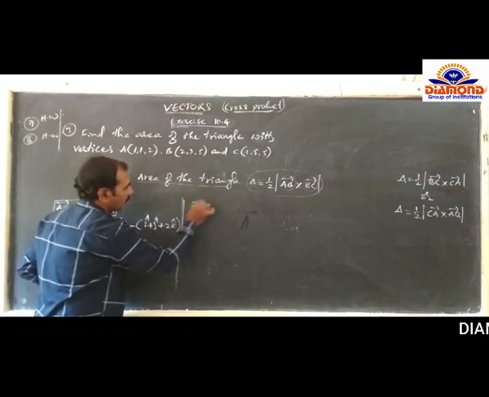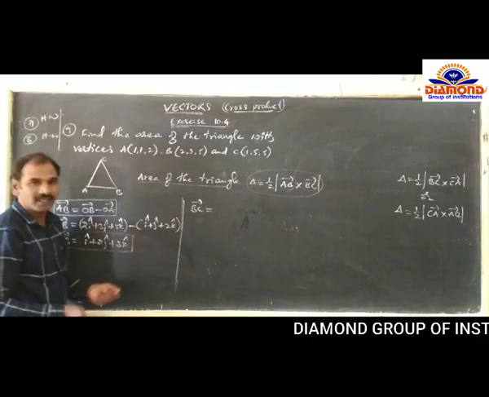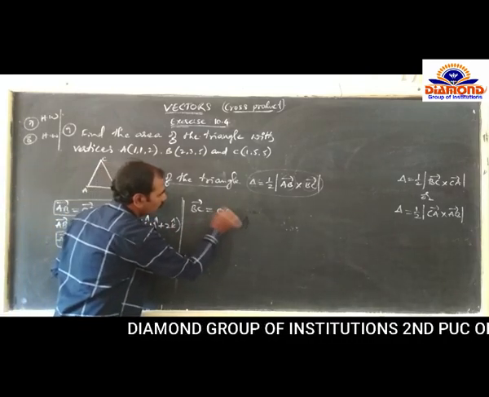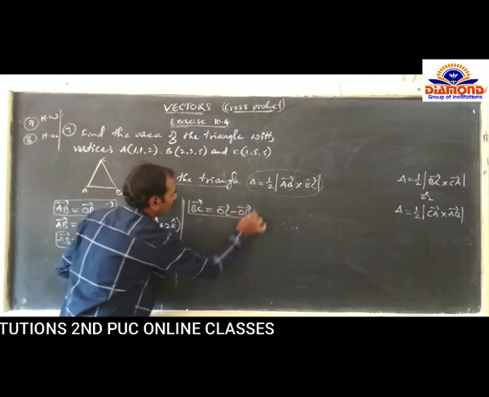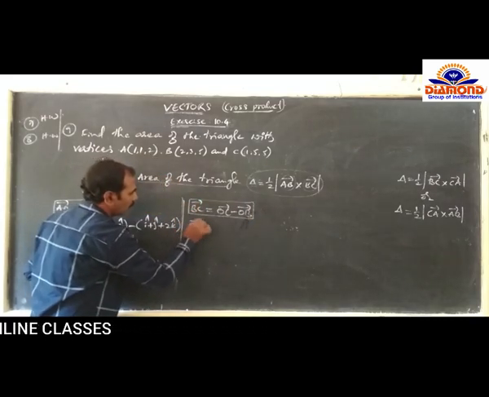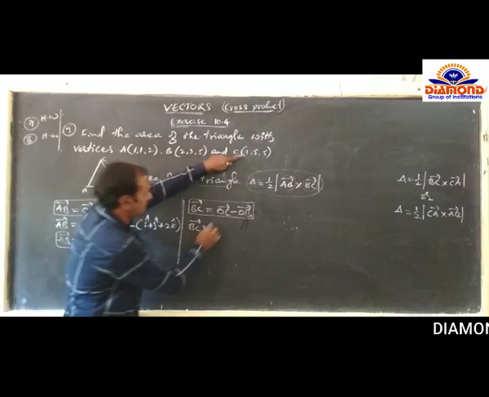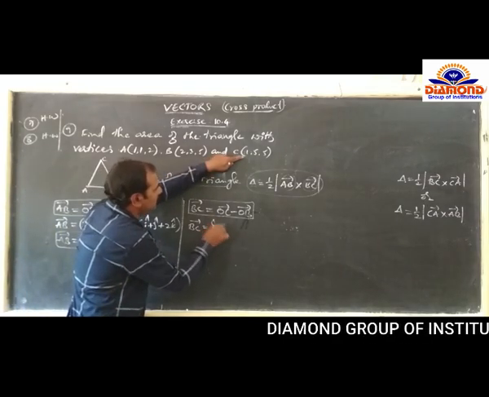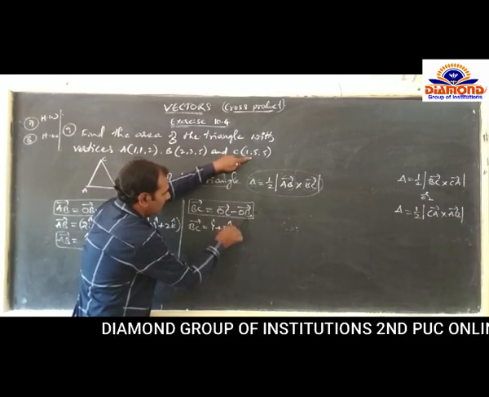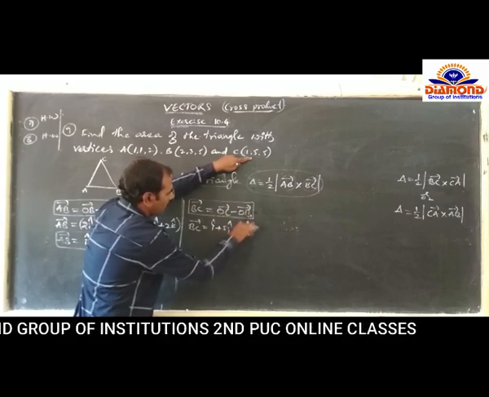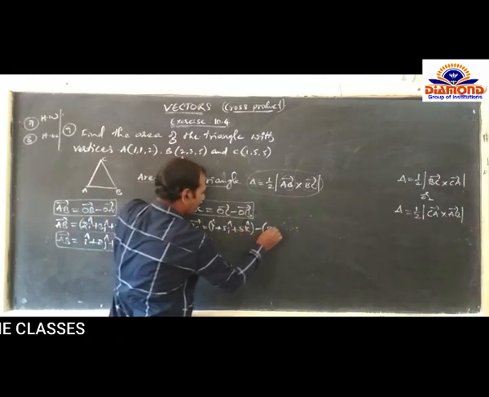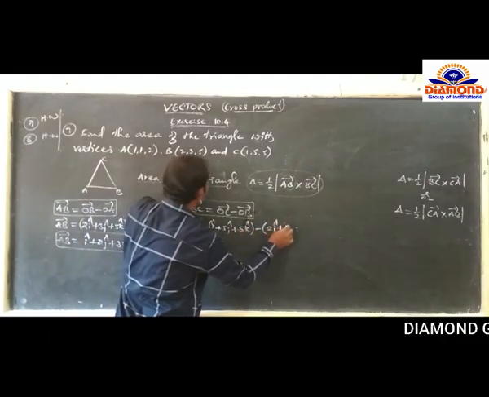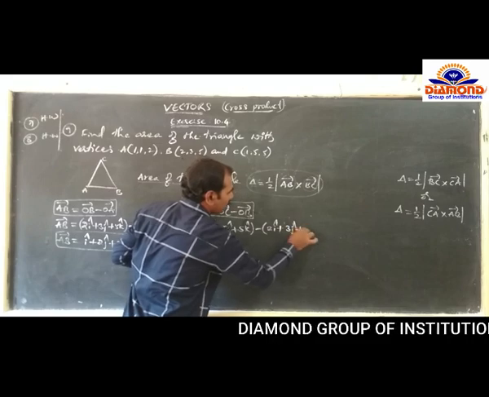The next one, the BC vector. By using the triangle law, you know that it is OC bar minus OB bar. So this is the formula. BC bar equals OC, which is i cap plus 5j cap plus 5k cap, minus 2i cap plus 3j cap plus 5k cap.